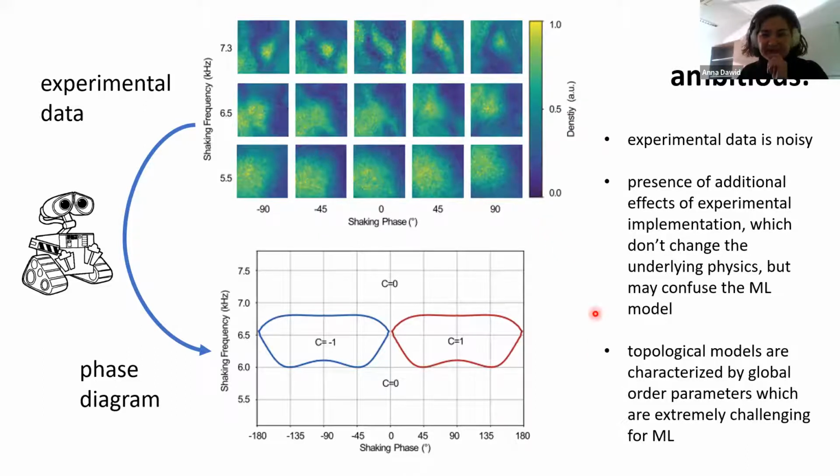And finally, there's the third argument that people noticed within the last 5 years: topological models are pretty challenging for machine learning models to really see the phases there. And why is that? We don't have a definite answer why it's challenging, but we suspect it's because of the global nature of order parameters.